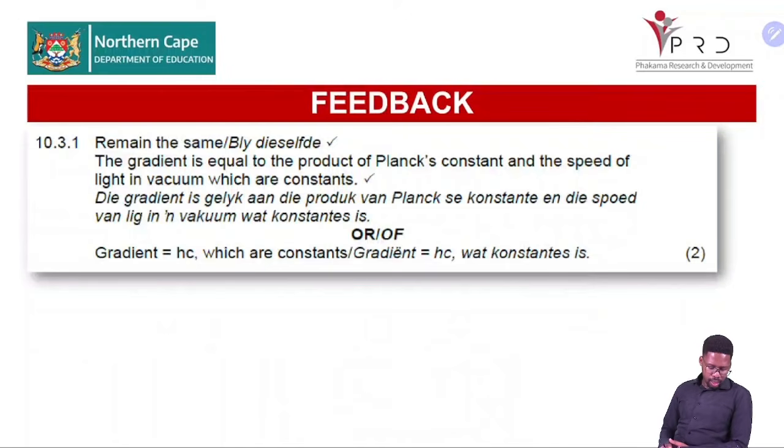10.3, the brightness of the light is now increased. What effect will this have? And your answer will be, it will remain the same. Why? Because the gradient is equal to the Planck's constant. Or someone can say the gradient from the graph represents the Planck's constant.